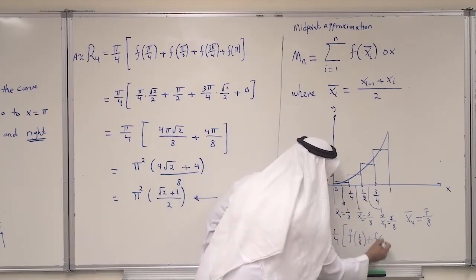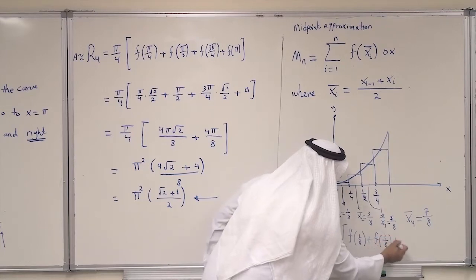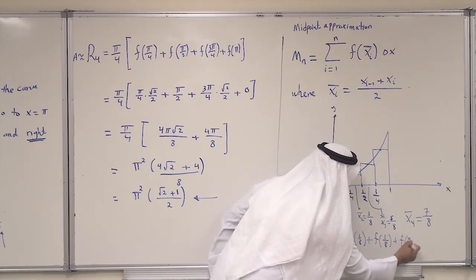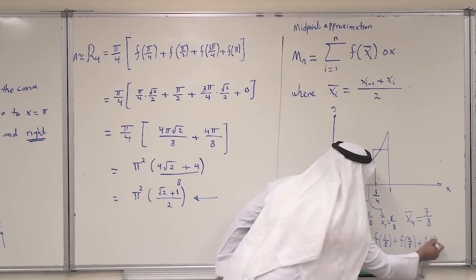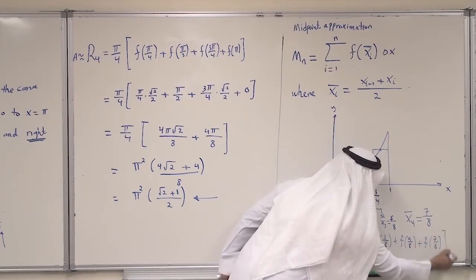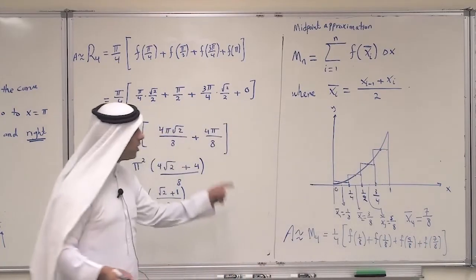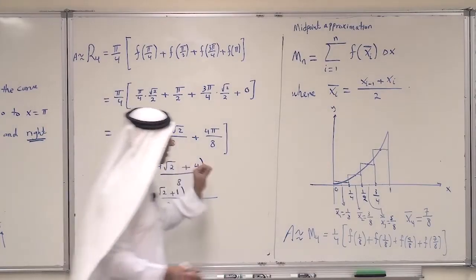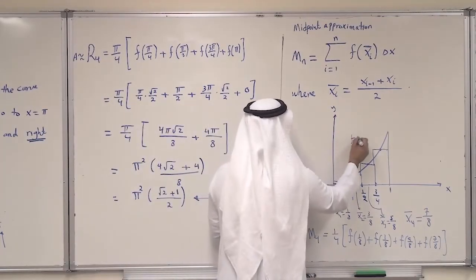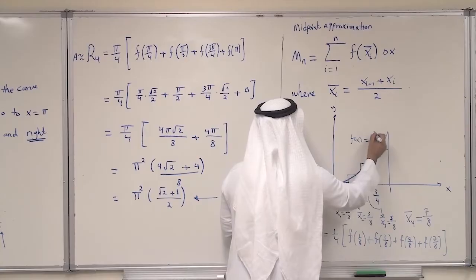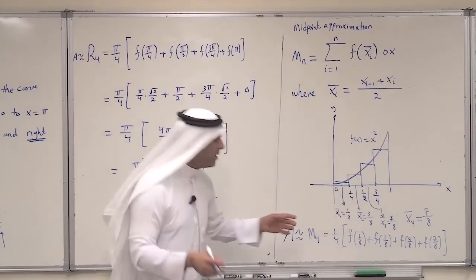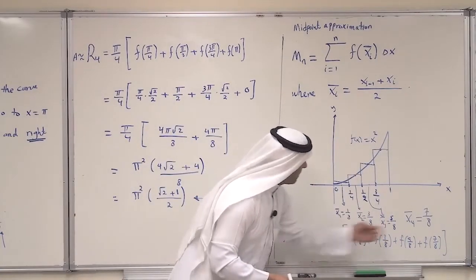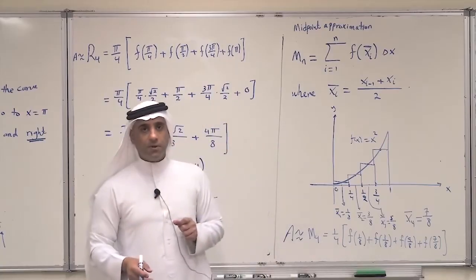It is f of the middle point, 3 over 8, plus f of 5 over 8, plus f of 7 over 8, and that will give you another type of approximation called midpoint approximation. Don't forget, here we have the graph, f of x equal to x squared. It remains just to substitute here, adding numbers multiplied by 1 over 4.